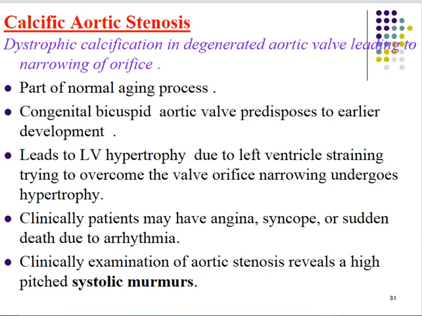This calcification in the valve will lead to left ventricular hypertrophy due to left ventricular straining, trying to overcome the narrowing of the valve orifice. That is to say, with compression or obliteration of the lumen of the outflow of the valve, this will result in hypertrophy of the left ventricle.